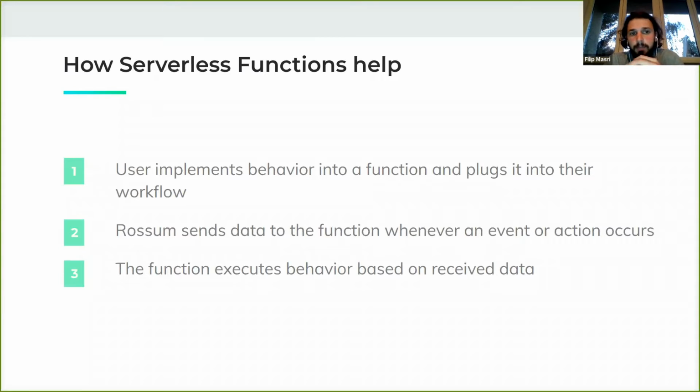Whenever some of the events and actions happen in Rossum, which you've configured, then based on those events, the data from Rossum is sent to the serverless functions, which takes the code and the input data from the document, and then based on the data, it performs the behavior which you've implemented, and that's basically it.